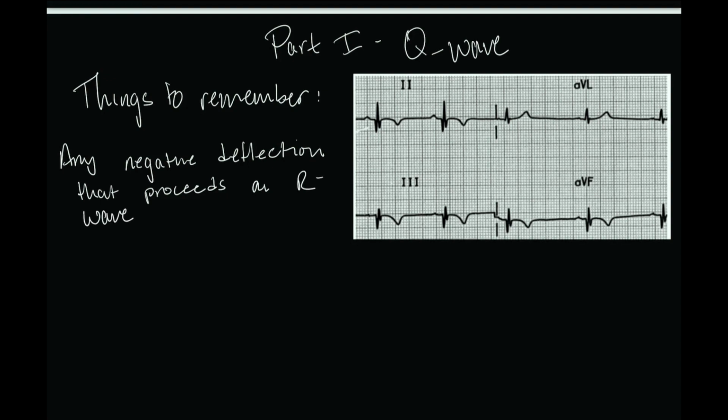So that almost implies that without an R wave, you cannot have a Q wave. And if we go over here to our example, here is our P wave. Here's our R wave, that positive deflection. And since we have this negative deflection right here, that becomes the Q wave.